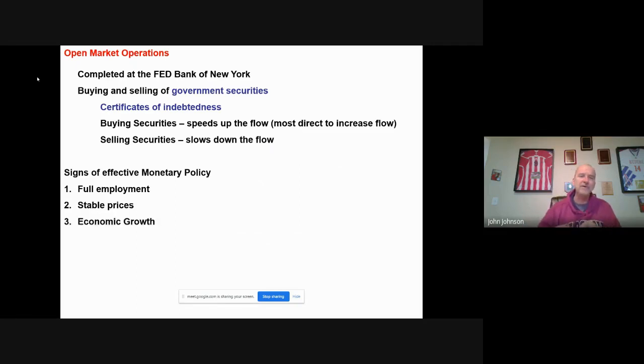And the last sign of effective monetary policy is economic growth. Here's the difference between full employment and economic growth. Economic growth is the expansion of job opportunities. So you might see some businesses that are looking to hire right at the moment.